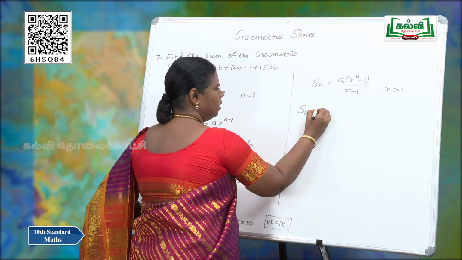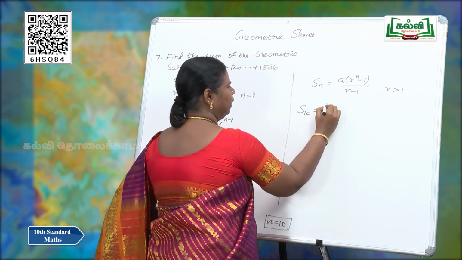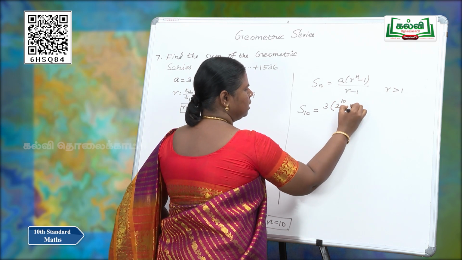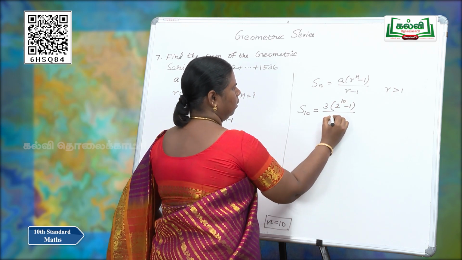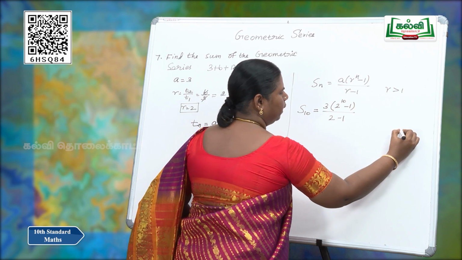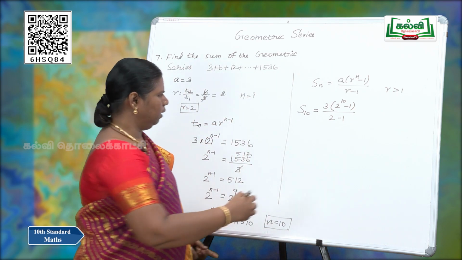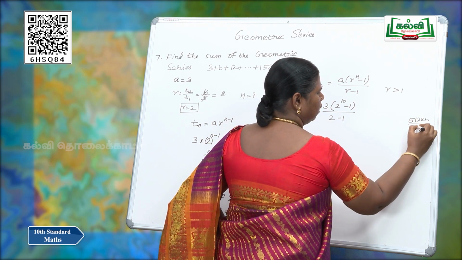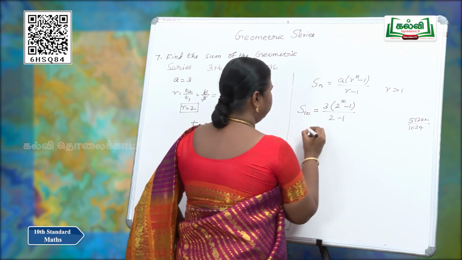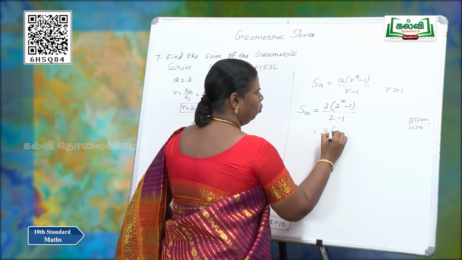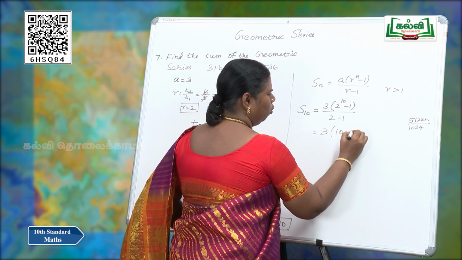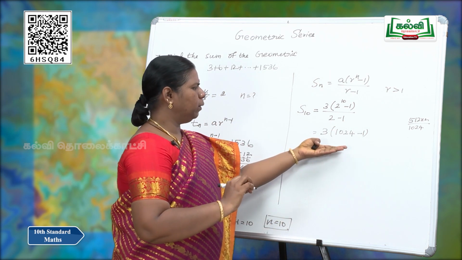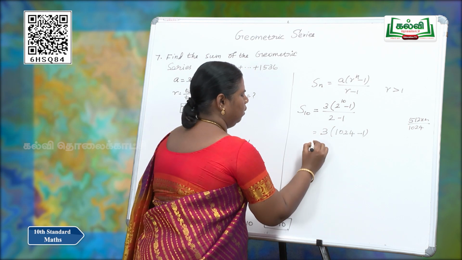S10 is equal to A, in the place of A 3, 2 power 10 minus 1 by 2 minus 1. This is 2 power 9, 512 into 2 is 2 power 10. So, Sn is 3 into 1024 minus 1, 2 minus 1 is 1. So, the denominator is equal to 1.